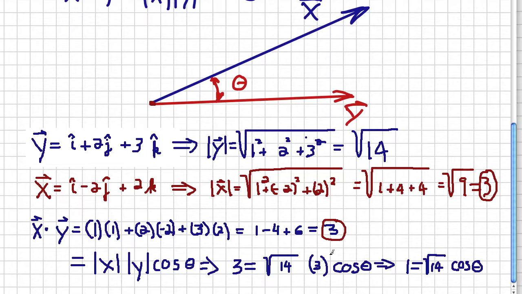Now the 3's here cancel. Okay, that 3 cancels with this 3. So I end up with 1 equal to the square root of 14 times the cosine of the angle between the two vectors. Or, in particular, what I have is that cosine of theta is equal to 1 over the square root of 14.